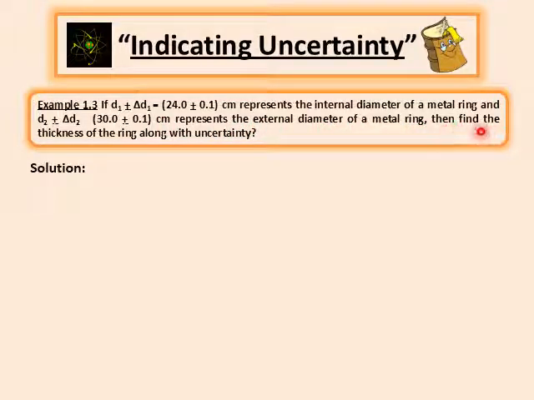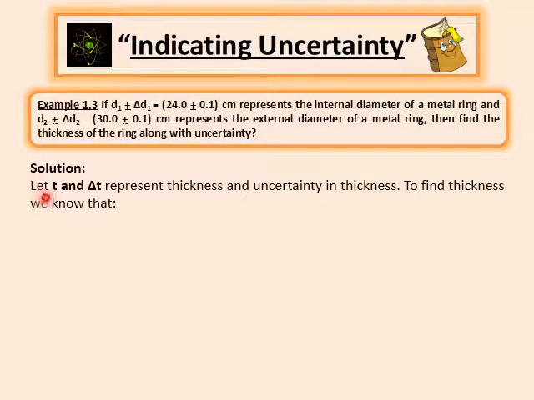Then find the thickness of the ring along with uncertainty. Now here we are going to solve this example. So let T and delta T represent thickness and uncertainty in thickness. Now delta T is the uncertainty in the thickness, and this small t is the thickness.